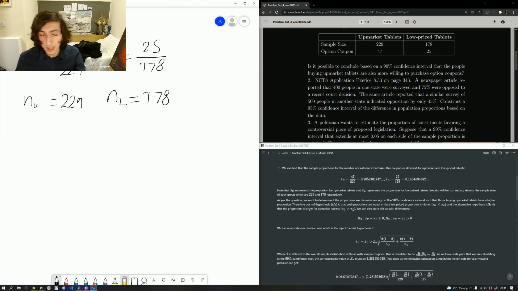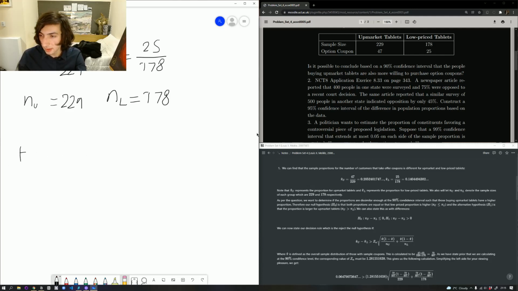Now, let's think about how we can go through this hypothesis test. What is the question asking? Is it possible that people buying upmarket tablets are more willing to purchase option coupons? If that were true, that would mean that the proportion in upmarket is larger than the proportion in lower market. So that's going to be our alternative. But what's our null?